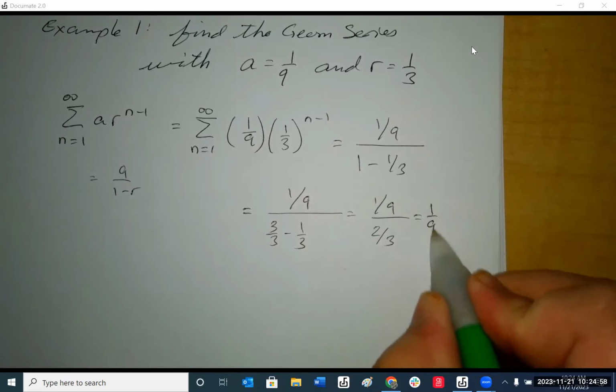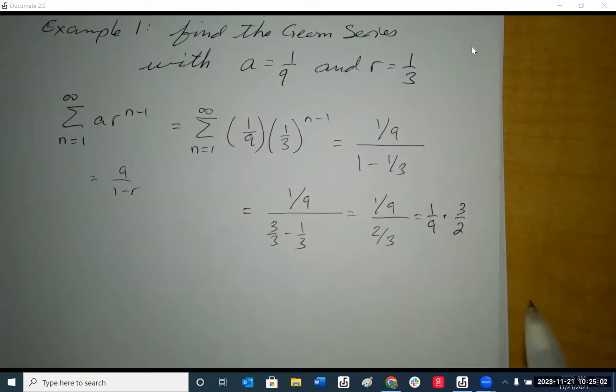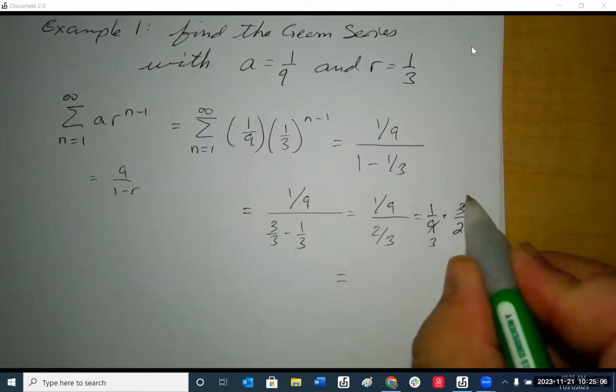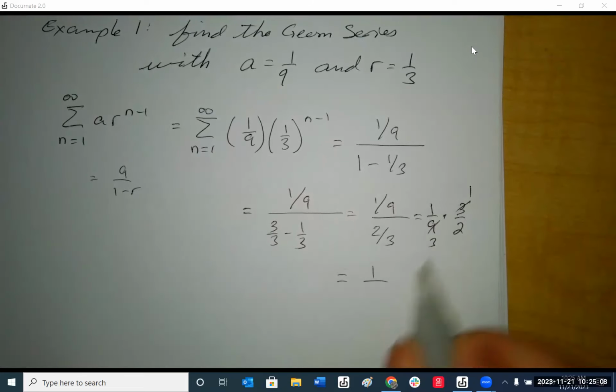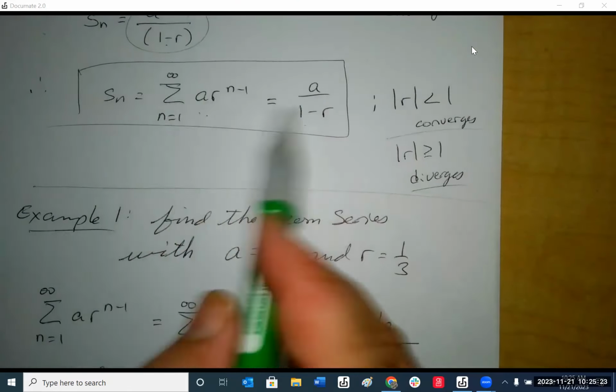Take the top, leave it alone, flip the bottom. 3 and the 9 cancel. 1 times 1 is 1, 3 times 2 is 6. And there's our sum of the sequence, 1/6. So we're using this formula here. It's a summation of all of the sequence series.